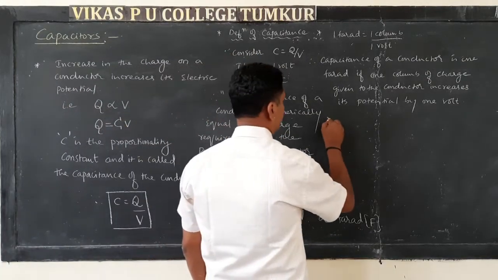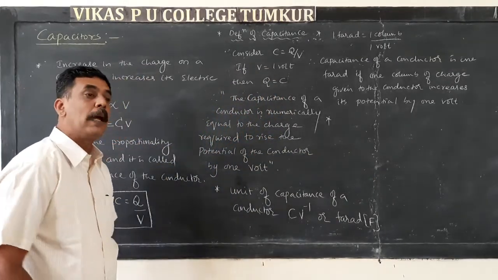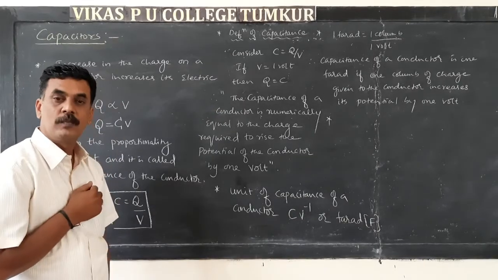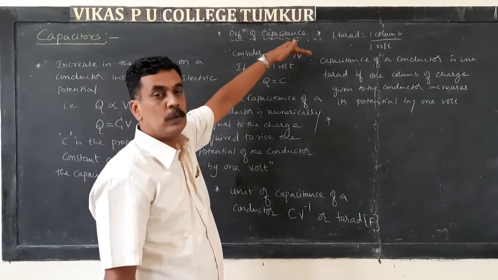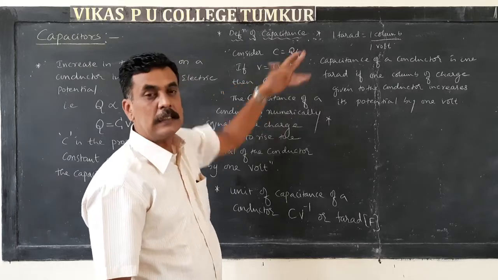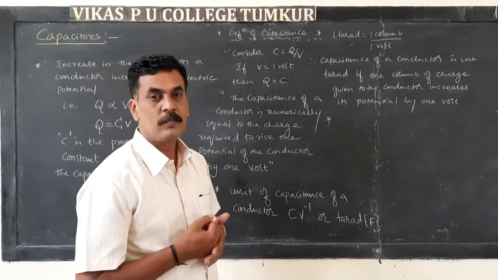And finally, what is capacitance? Is it a scalar quantity or a vector quantity? Look, C is the ratio of charge to the potential on the surface of the conductor. Charge is a scalar quantity. Electric potential is also a scalar quantity. We have discussed this in previous videos.